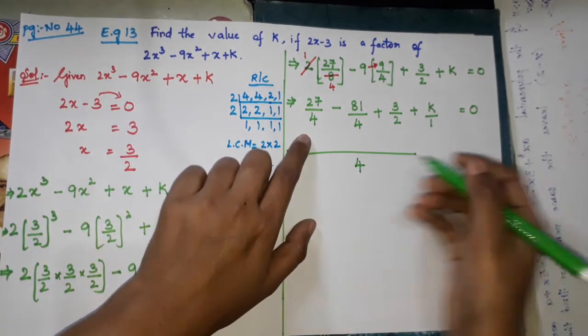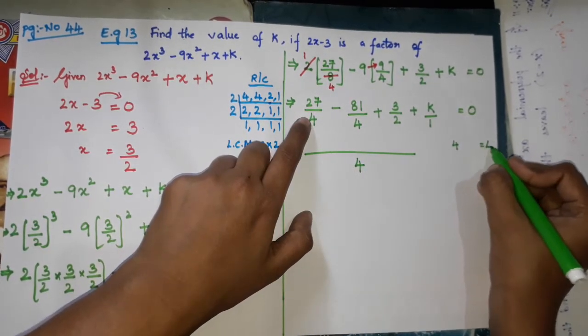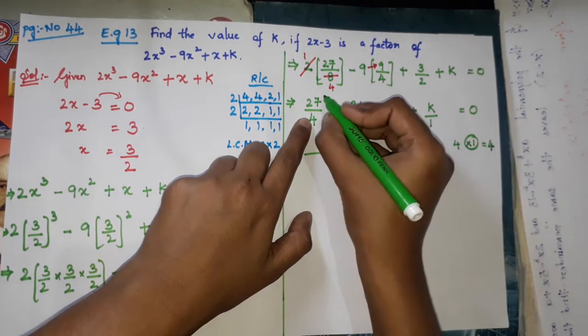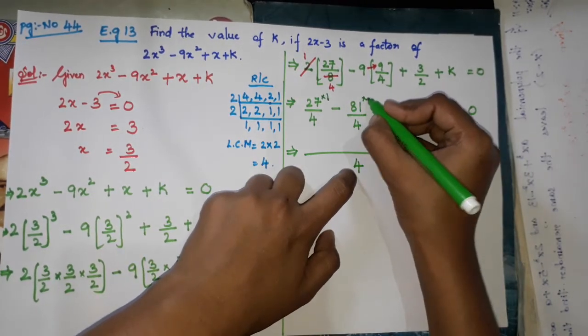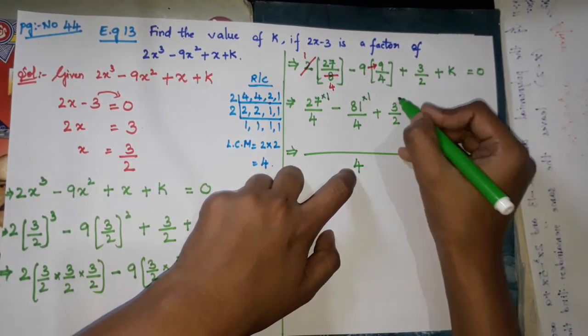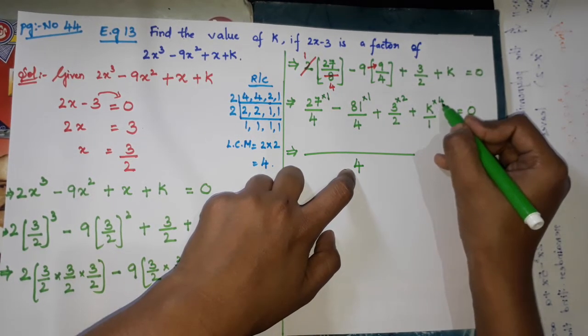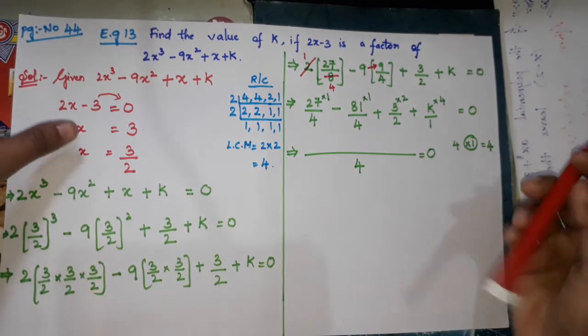Okay. Now, in 4 table, 4, how many times it will go, children? It will go 1 time. So, into 1 you must take it here. Okay. 4 table 4 how many times? 1 time. 2 table 4 how many times? 2 times. 1 table 4 how many times, children? 4 times. Okay. Is equals to 0 as it is.